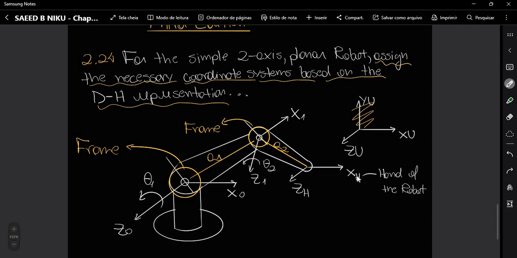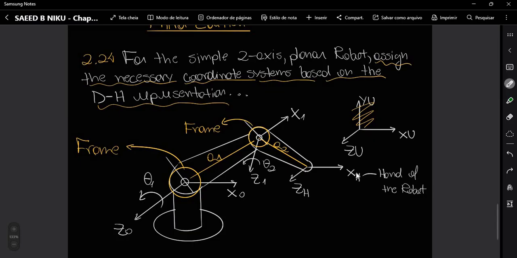And as I already told you, it is the standard way to represent a robot. I think this is already the third or fourth video about DH.